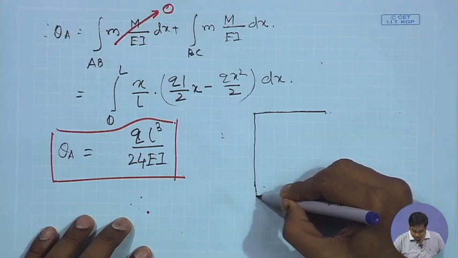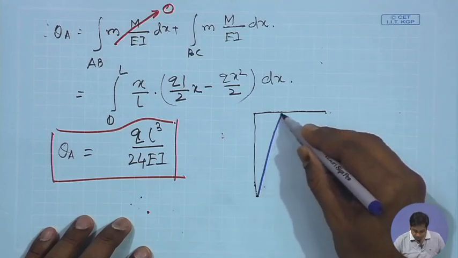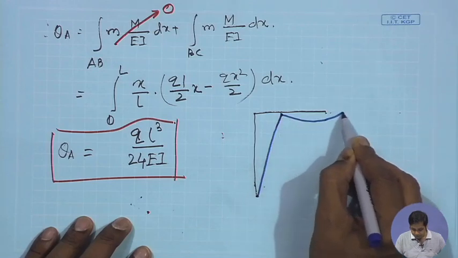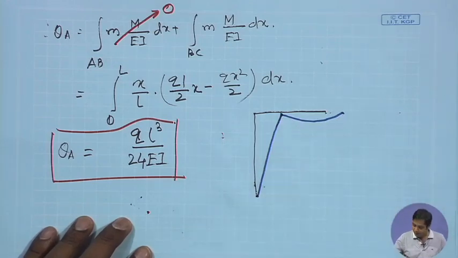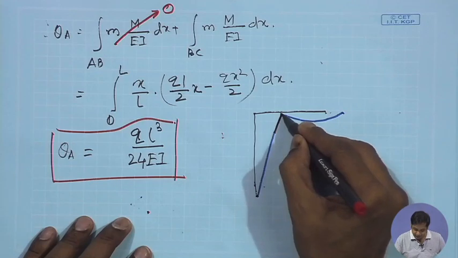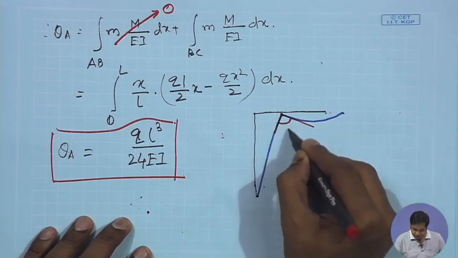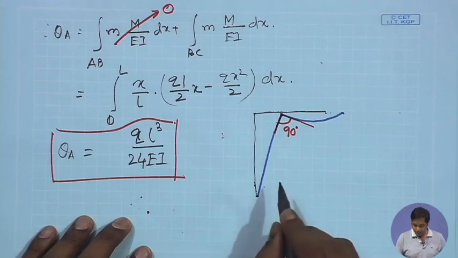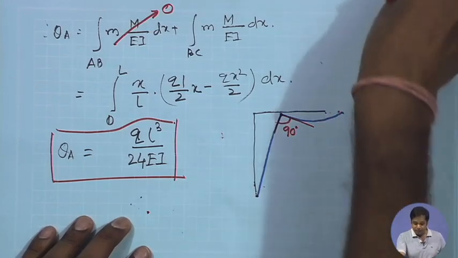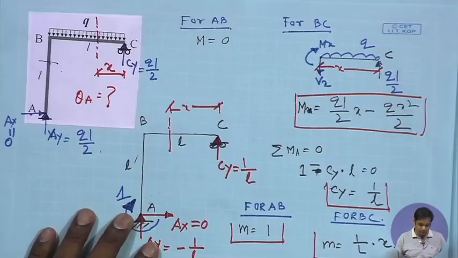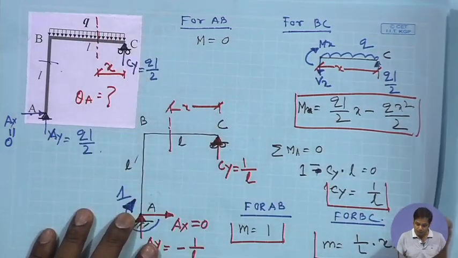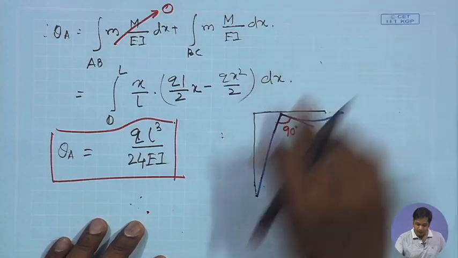So, it will be continuous like this and probably something like this. And this angle remains 90 degrees because this joint is a rigid joint. And this will sag because of this uniformly distributed load, which will cause sagging in this beam.